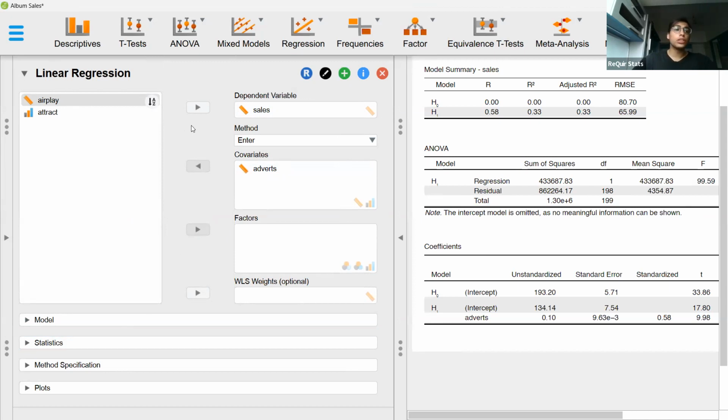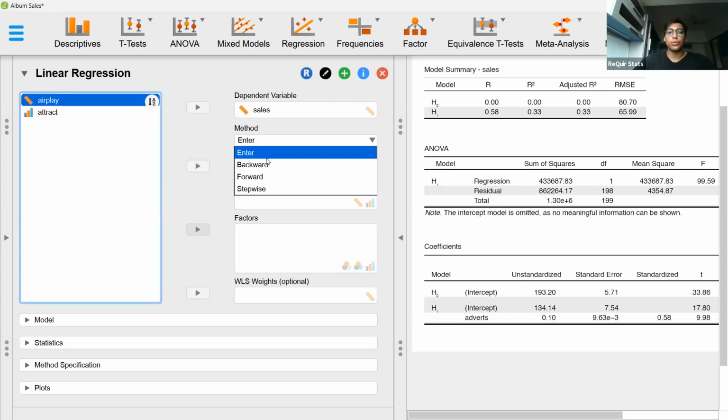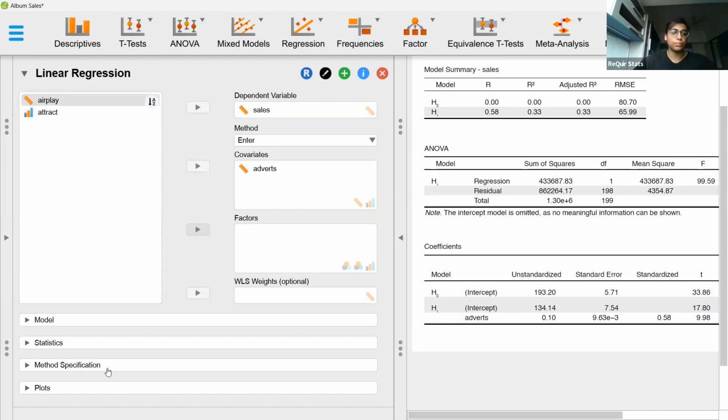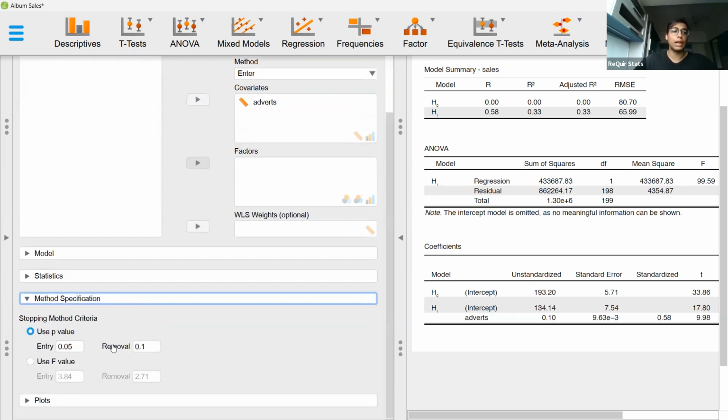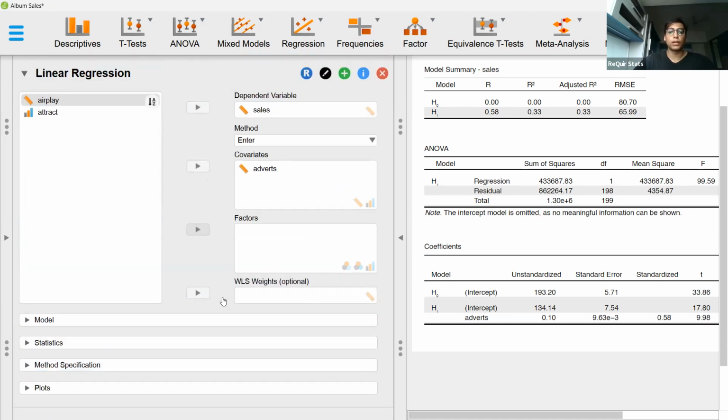To test all of those genes, you need to perform regression analyses for all of them, and here is when you can perform stepwise regression. Essentially, we have three methods: forward, backward, and stepwise regression. And you can specify some criteria using this drop-down menu. Again, this is not a topic for today's discussion.